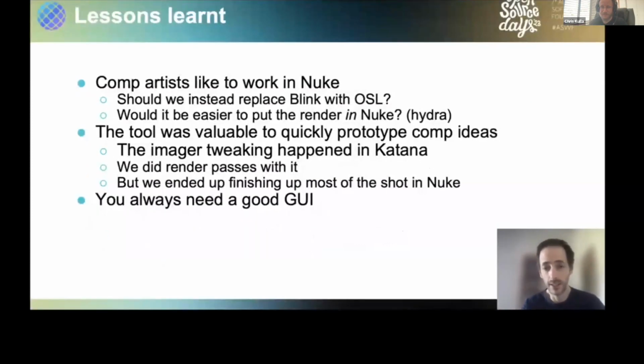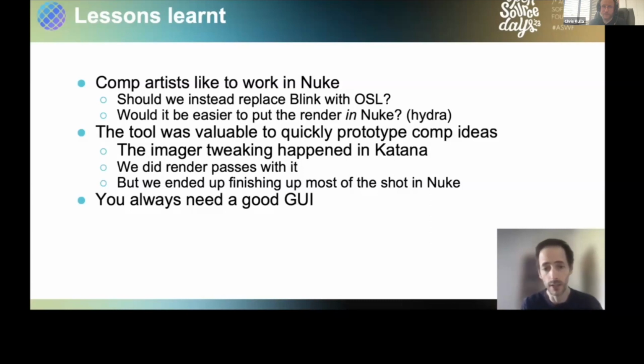So these are the lessons that we learned the hard way. Comp artists like to work in Nuke. Should we try to replace Blink script with OSL, or should we rather put the render process in Nuke with a header delegate or something like that? But the tool was available for quickly prototyping stuff. It ran in Katana.